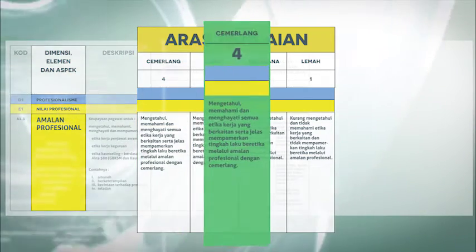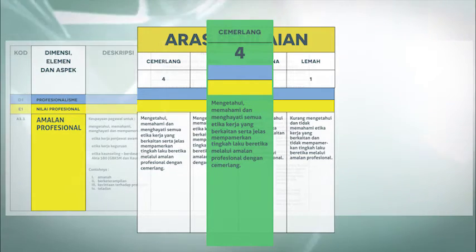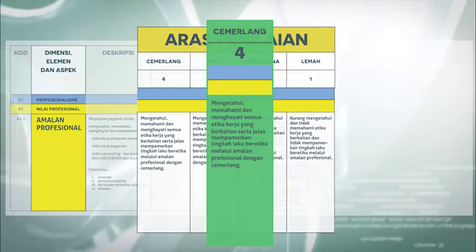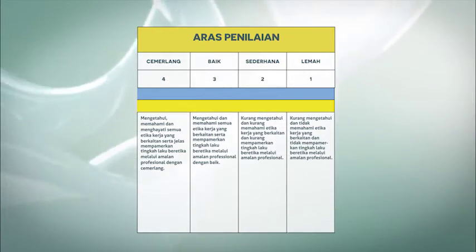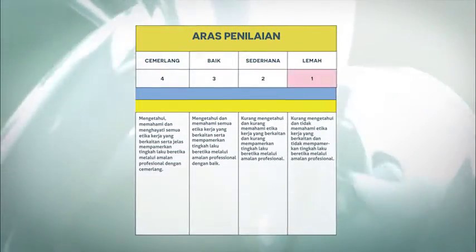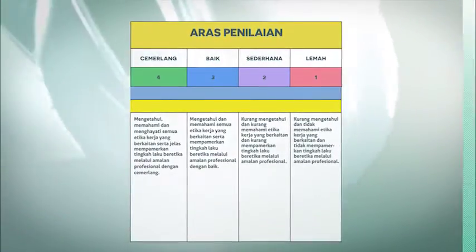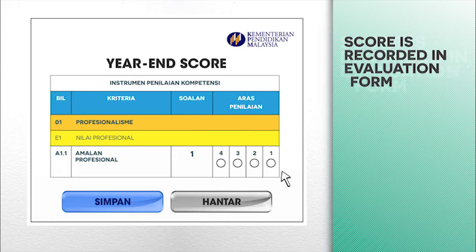A score of 4 is a rating level which shows the evaluated officer is at an excellent level. Each aspect that is evaluated will be given a 1 score based on a rating level. The score given for each aspect will be recorded in the evaluation form.